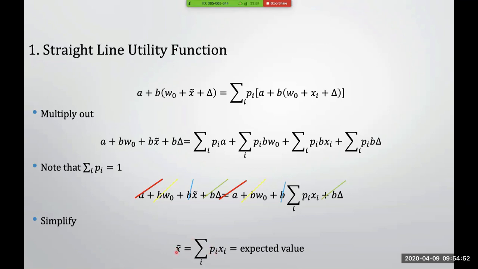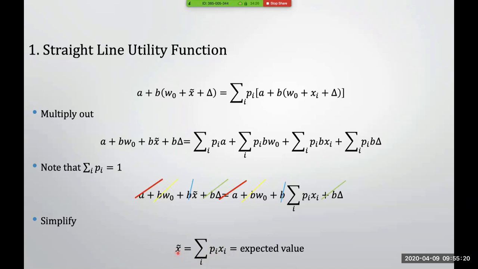This is the property we're looking for in a delta property, meaning a straight line utility function will satisfy the delta property. That is also consistent with what we learned before, that a risk-neutral person is a delta person.